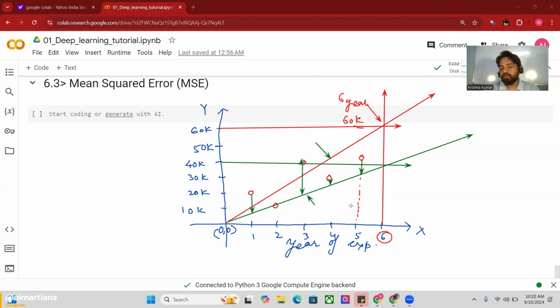So what I need is a line from where the distance of each data point should be equal or less, okay? So let me create one more point. See, this is a straight line.